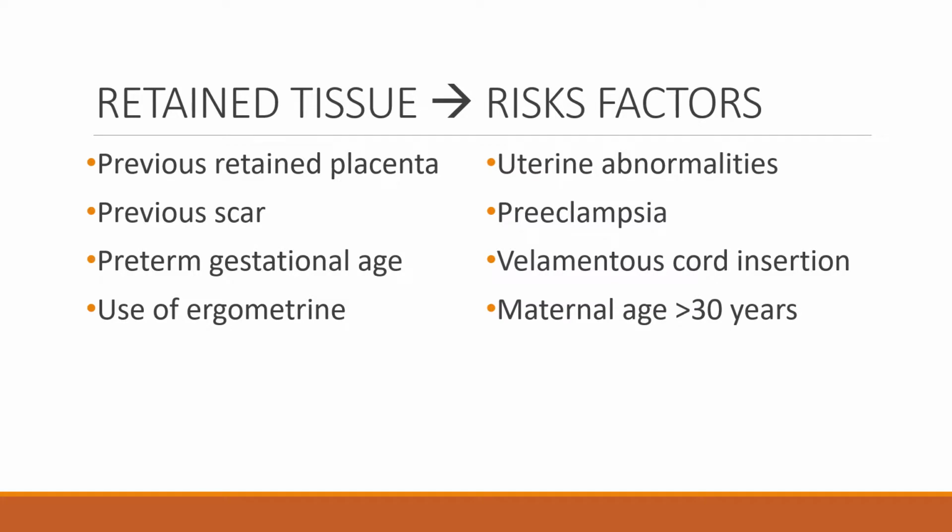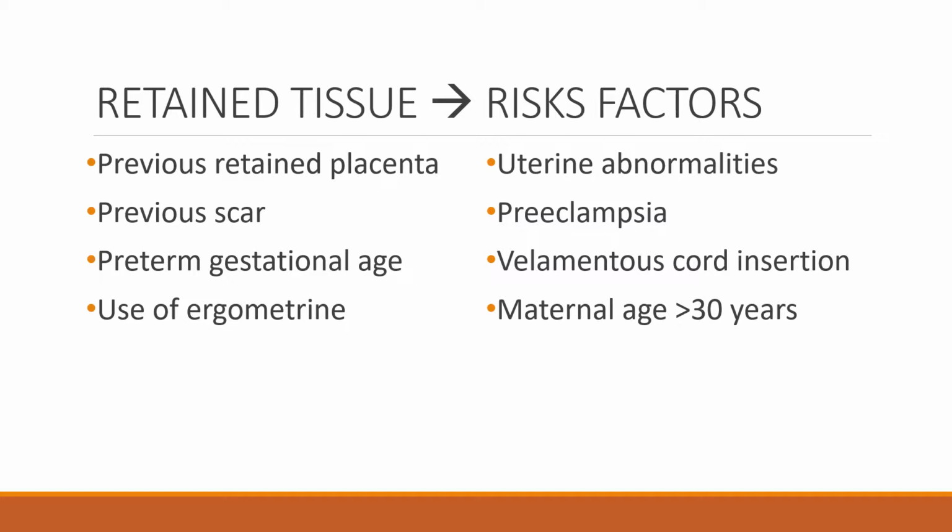What about the risk factors of retained tissue? As in many situations in gynecology, having a previous event is a risk factor to have it again. So the first and main risk factor to have retained tissue is to have a previous retained placenta. Of course, then to have a previous scar.